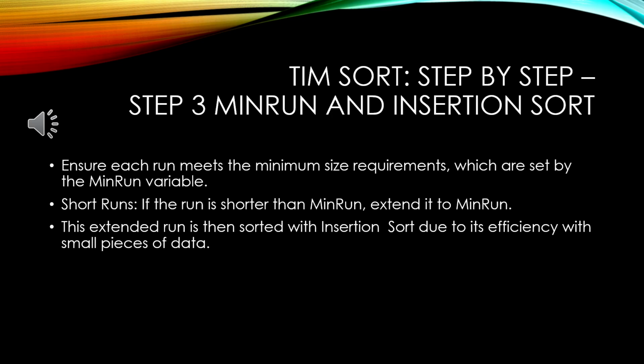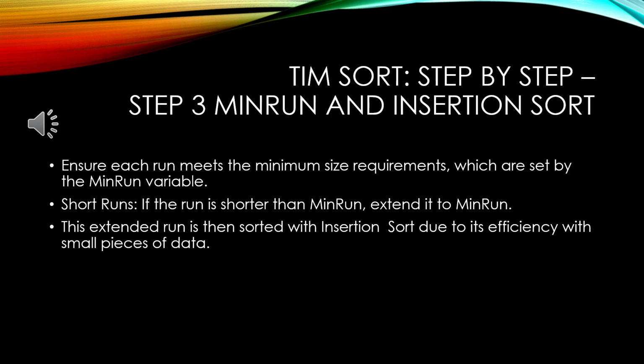Step 3. Min run and insertion sorts. Step 3 is the application of insertion sort. This ensures every run meets that minimum size requirement that we set with min run.